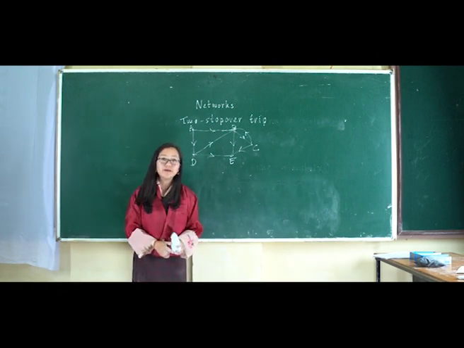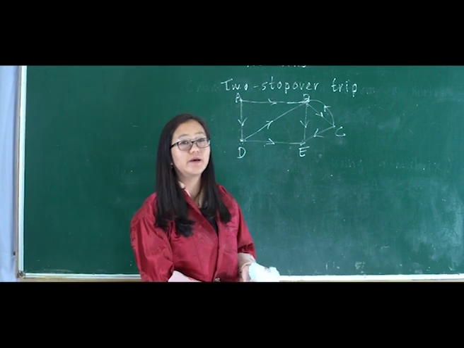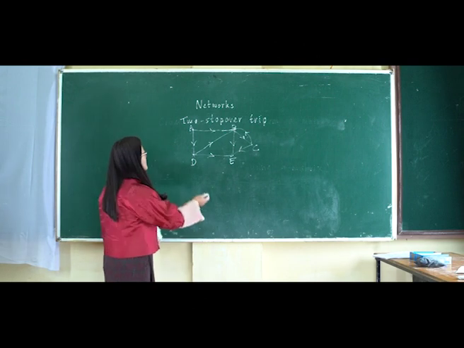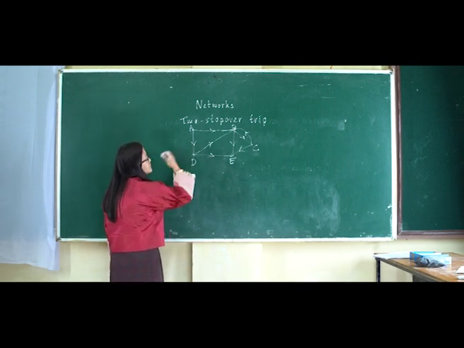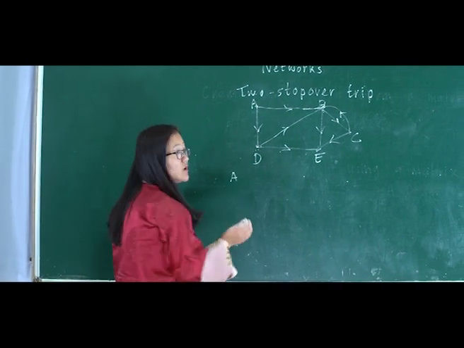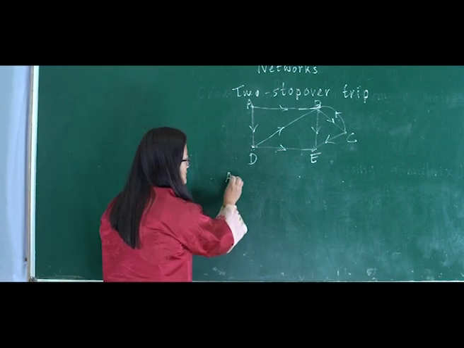So how do I use matrix in order to find one stopover trip? First step, you have to find adjacency matrix that you have already learned. So how do we make adjacency matrix for this? It's some sort of a recapitulation of the previous topic.